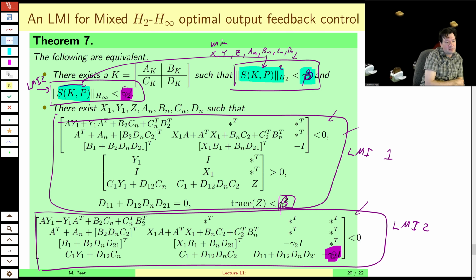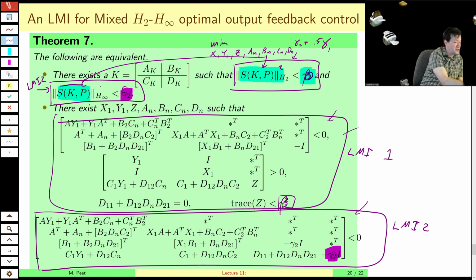So what are you minimizing? You can't minimize the H2 norm and the H infinity norm, so you can't do that directly. So one choice of your objective then is to minimize gamma 2 plus, say, 0.5 gamma 1, for example. So you can minimize the H infinity norm, a bound on the H infinity norm. This is a bound. We'll talk about that in a second. And a bound on the H2 norm.